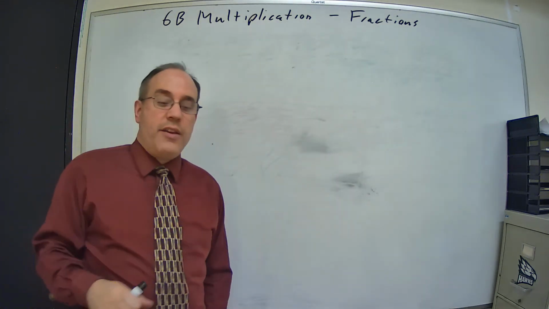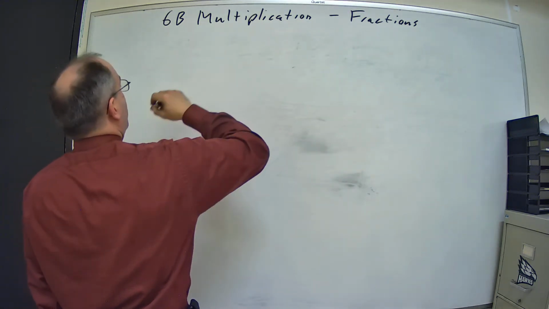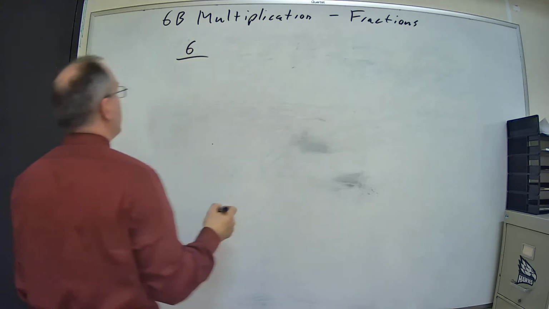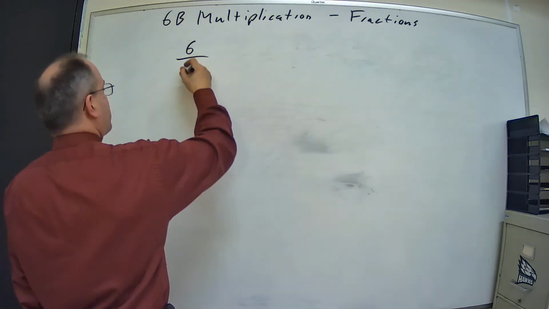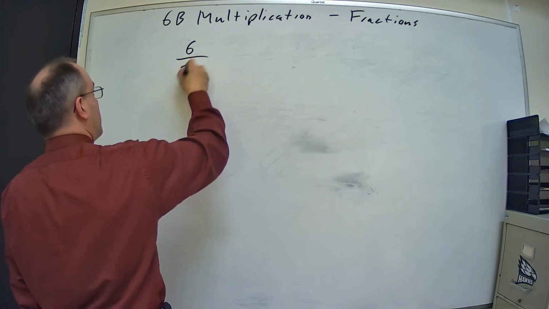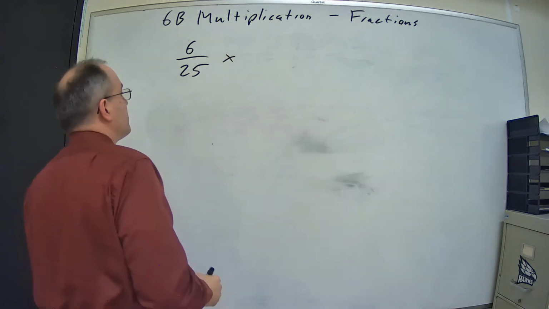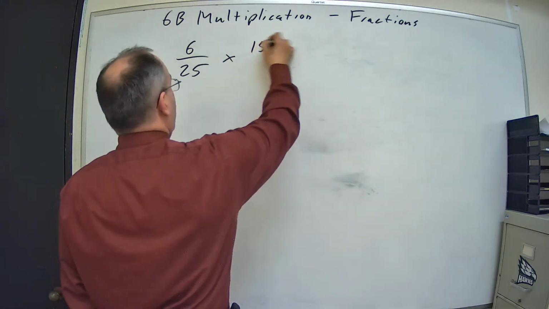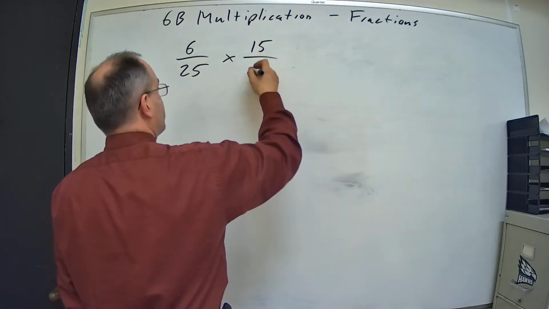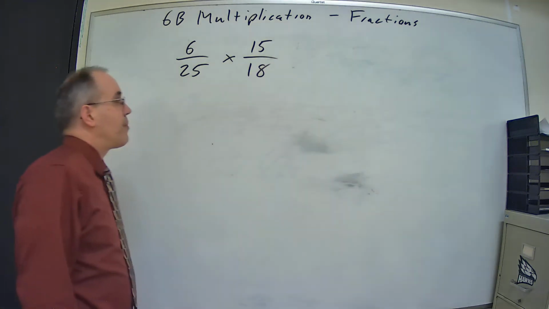Alright, so let's try another one. What if we have 6 25ths times 15 18ths.